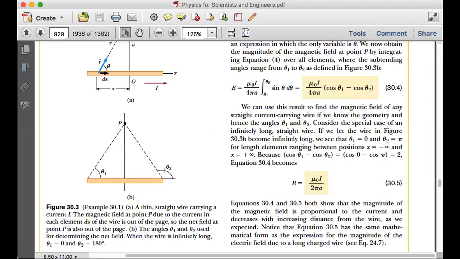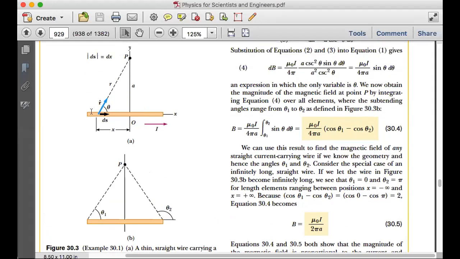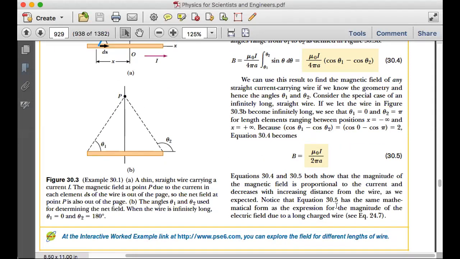If we have a very long thin wire, where A is very small compared to L, the length of the thin wire, then theta 1 goes to 0 and theta 2 goes to pi, 180 degrees. So we get this equation 30.5. Any question about this one?